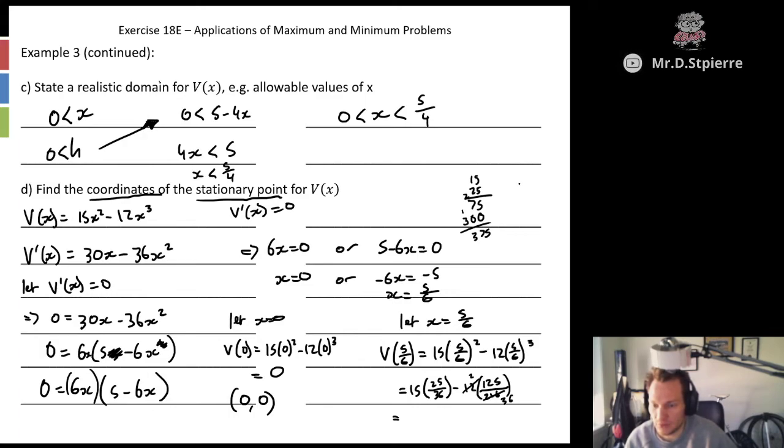That gives us 250. So we end up with 375 on 36 take away 250 on 36. That leaves us with 125 on 36. So our coordinate for the other stationary point is 5 on 6, 125 on 36.